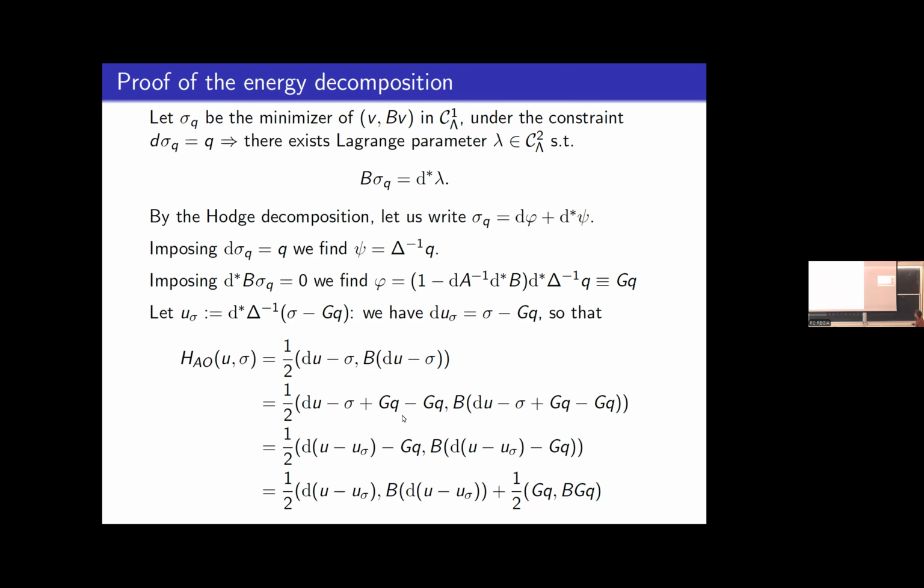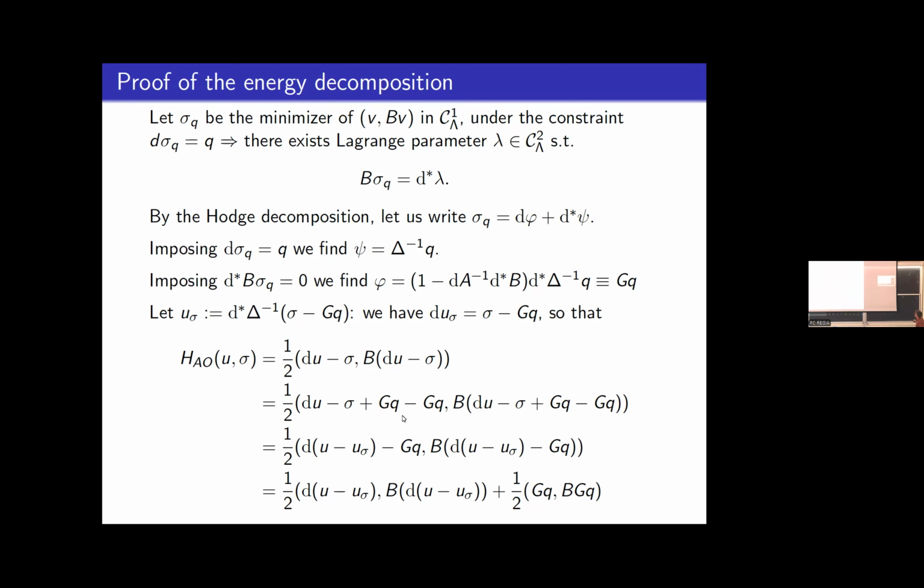Okay. Now, once you know that psi is in this form, let me write sigma q as d phi, to be determined, plus d star d minus delta minus 1 q. And let me use the other condition following from this. From this, it follows that if you apply d star to both sides, you get d star b sigma q equal to 0.